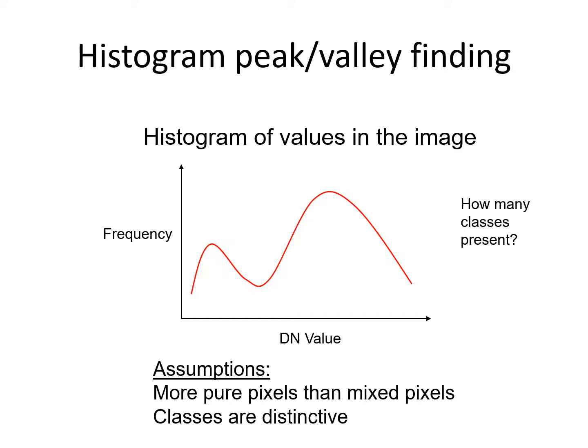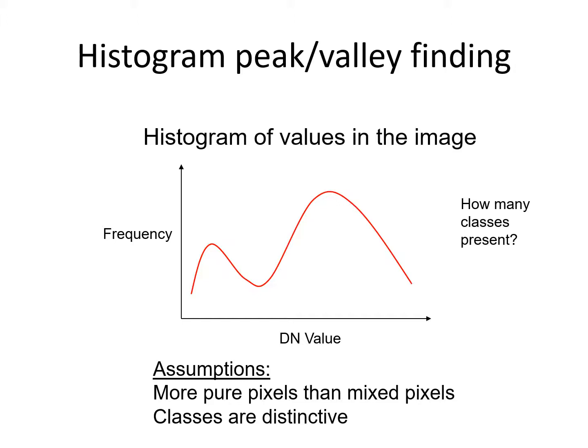If you're going back to that XY dividing line kind of idea of how do we separate one from the other, you would look at the histogram like this, and when you see that valley, you would imagine drawing a line right through that. Everything to one side is one class, everything to the other side is the other class.